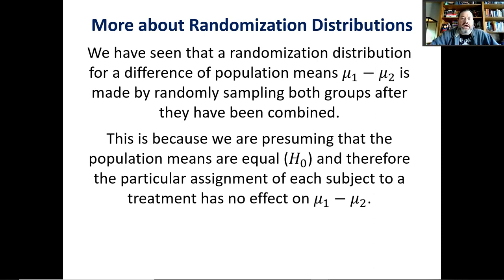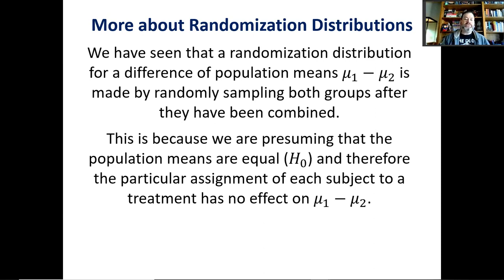So we've already seen how to do a randomization distribution for a difference of population means, right? The example we saw was the caffeine and finger taps example. We randomly sampled both groups after they've been combined. That's the most common method. It's not the only method. StatKey comes with lots of methods built in, and we're going to see a couple of these.